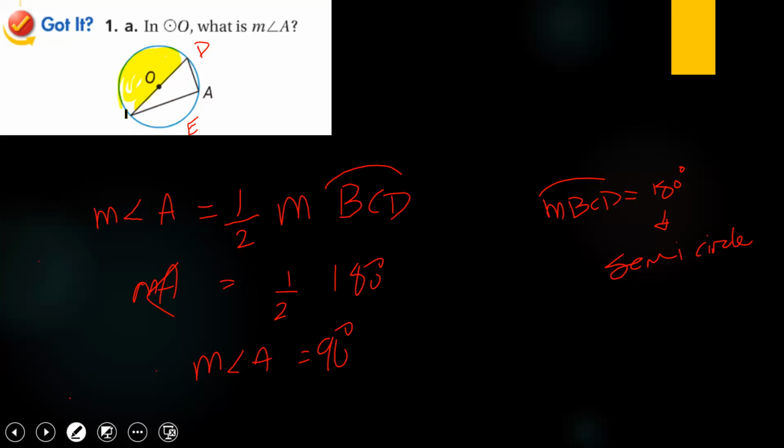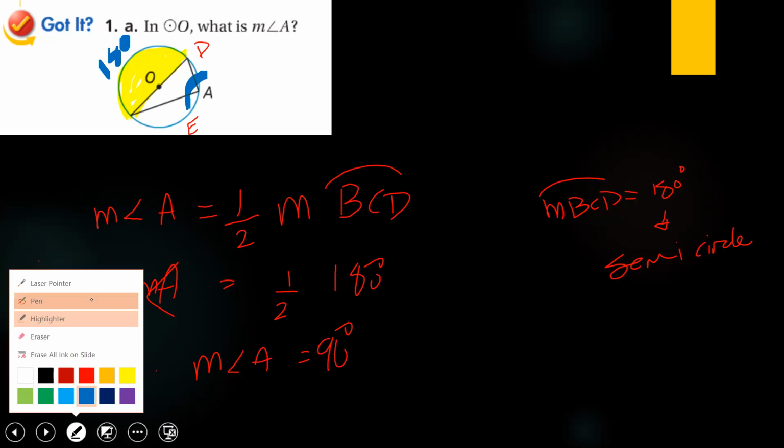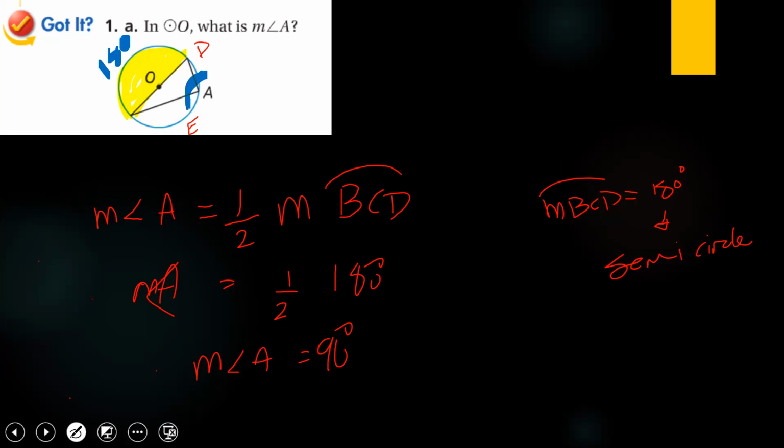A diameter cuts the circle into 2 equal halves, so we call this a semicircle. The measure of the arc here is 180. Since the measure of the semicircle is 180, the measure of this inscribed angle will be 90, which is half of 180. Is it clear? Yes, teacher.